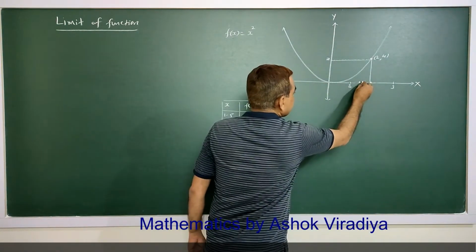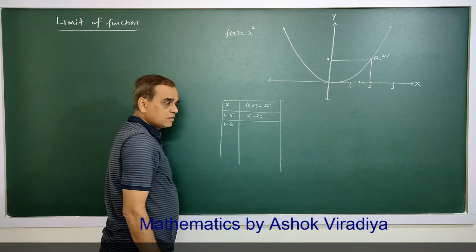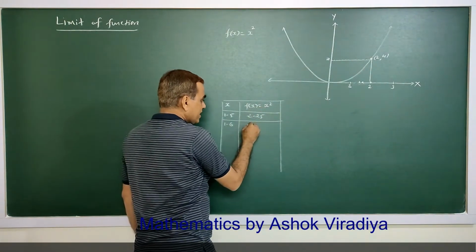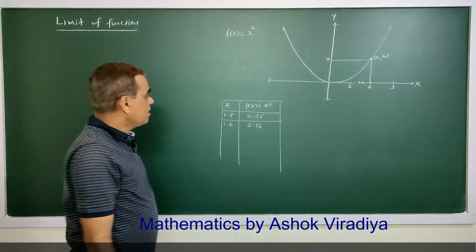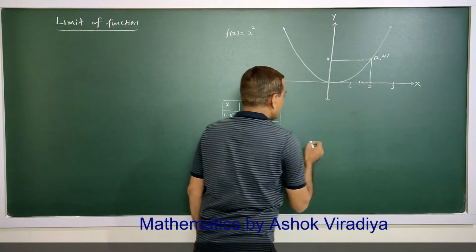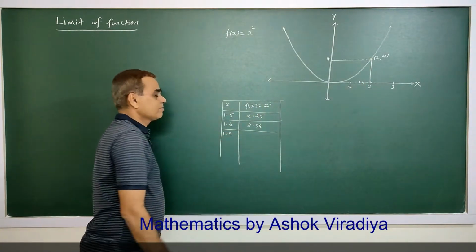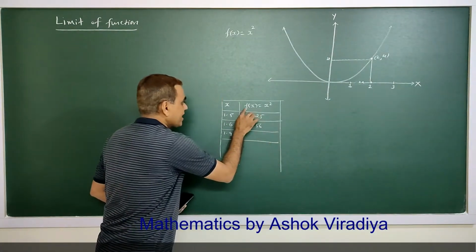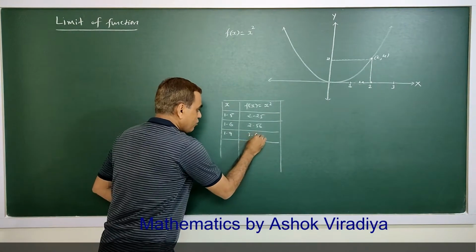Suppose now I am taking x as 1.6. Then 1.6 square is 2.56. Continuing this, going near and near towards 2. Suppose x is 1.9. Putting 1.9, f of 1.9 is 1.9 square, that is 3.61.